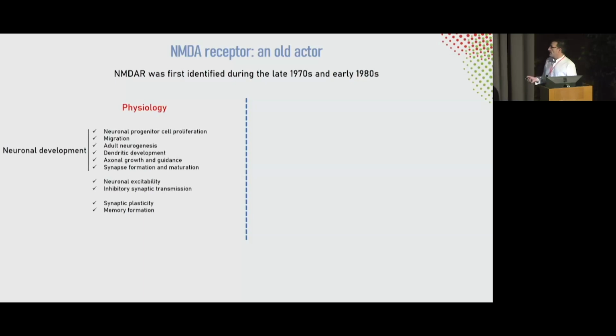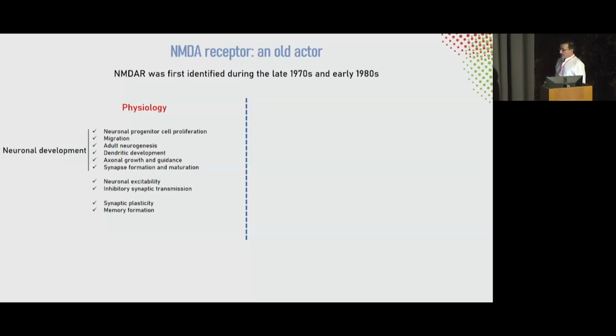All these processes are important for neuronal development, but it is also important in adults for neuronal excitability, inhibitory synaptic transmission, and synaptic plasticity, a key mechanism necessary for memory formation.